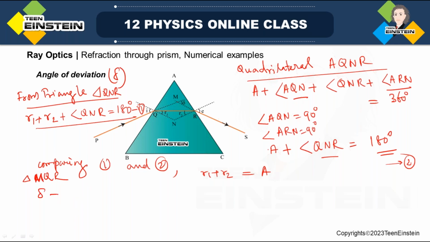So delta is equal to this angle plus this angle. This whole angle will be I, so this particular angle is I minus R1, and on this side this particular angle will be E minus R2.